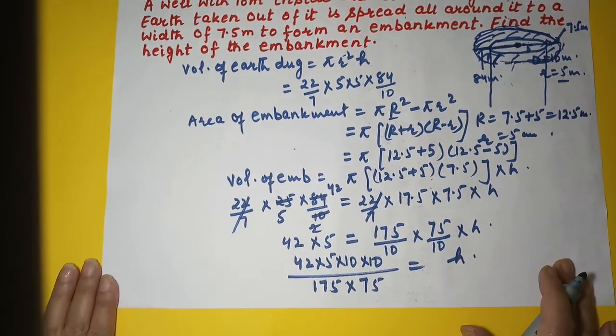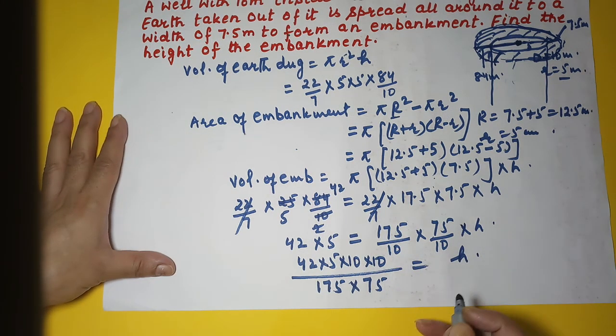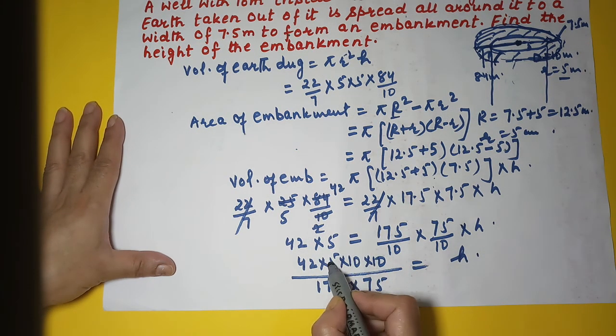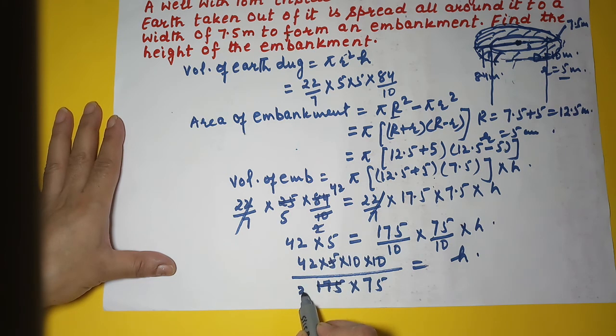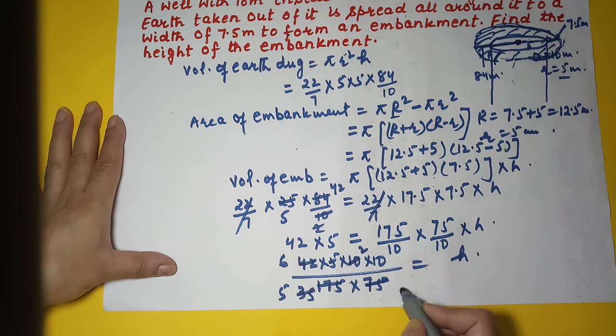Now I need to do the simplification. So how will I do the simplification? 5 3s are 15, 5 5s are 25, 7 6s are 42, 7 5s are 35. Then 5 2s are 10, 5 1s are 5, 5 5s are 25.